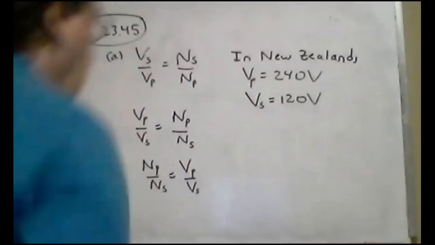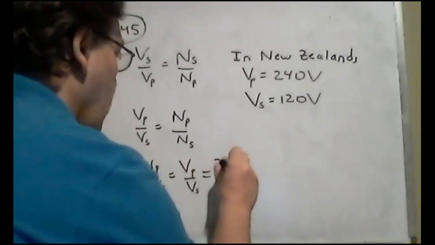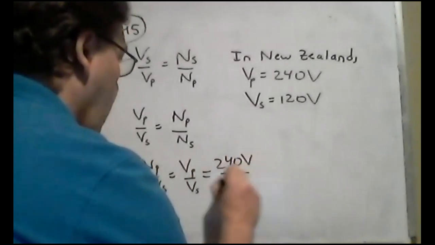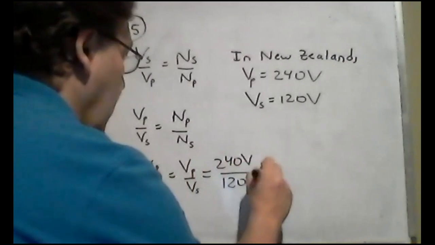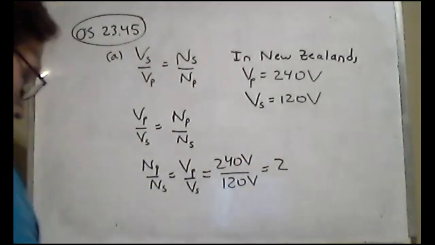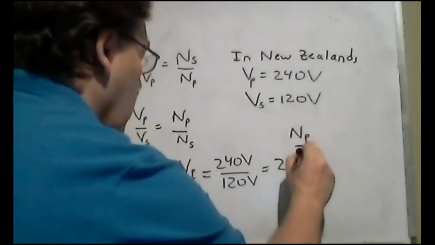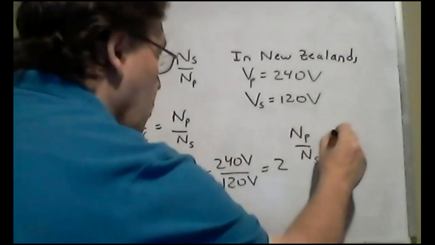All right, and so in my equation, that's going to be 240 volts over 120 volts, and that's just equal to 2 to 1. So N sub P over N sub S is really a 2 to 1.